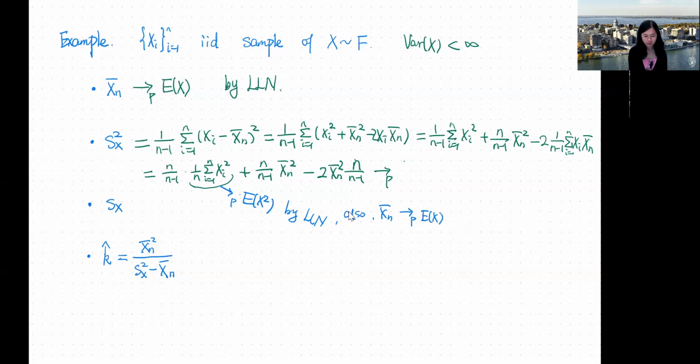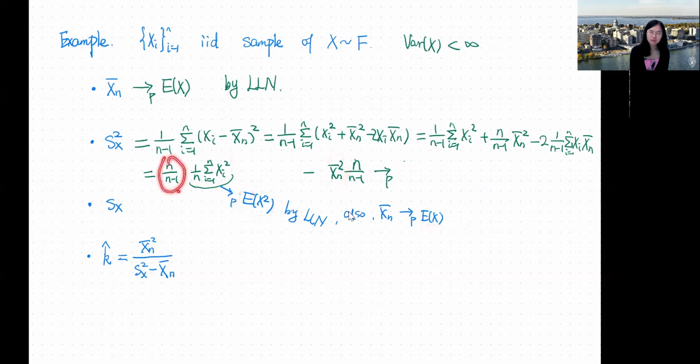Actually, you may want to simplify these two terms first. For these two terms, as you can see, n over n minus 1 can be factored out: xn bar squared minus 2 xn bar squared. So it's just a minus xn bar squared. So after simplification, it becomes this. So this sample average converges to the expected value of x squared, and this converges to (E of x) squared.